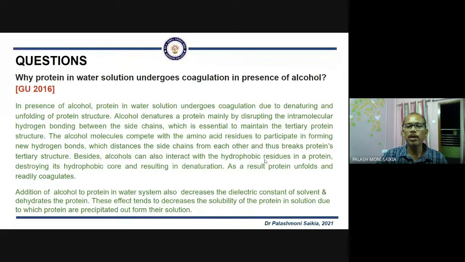It also interacts with the hydrophobic residues, destroying the hydrophobic core. It decreases the dielectric constant. It dehydrates the proteins. So all this results in denaturing and unfolding of protein, and the solubility of protein decreases and it coagulates to form a precipitate.